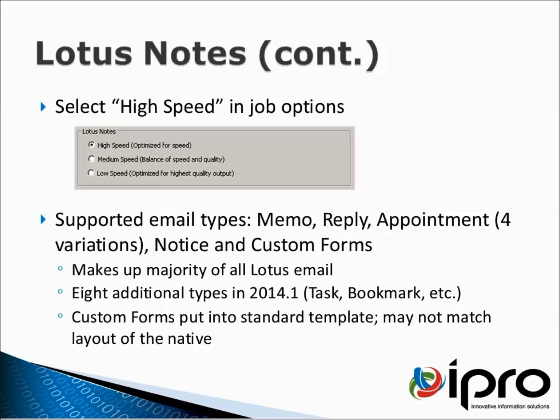Very slow, one at a time, however very rich in quality and output. We will be adding and enhancing additional Lotus Notes options and logic soon. But the 3 Lotus Notes processing settings I'll share with you in just a few moments.